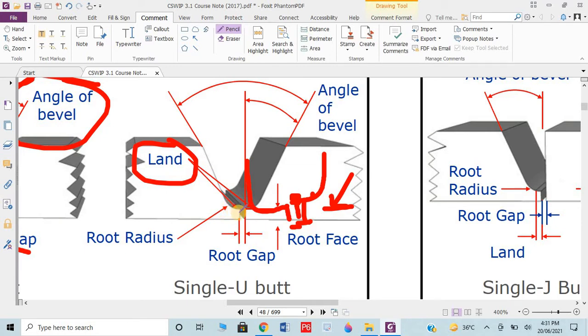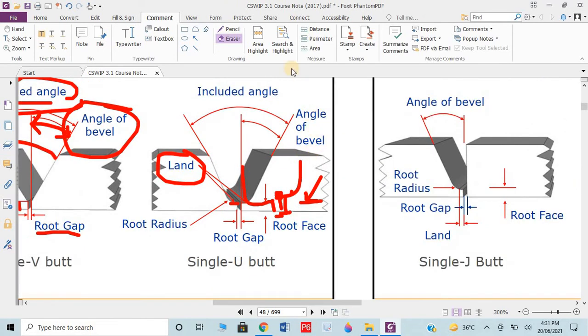Before that point, till the corner of the root face, this horizontal place is known as the land, meaning a straight line. Where the curvature starts is known as the root radius. Simple. The curve of the root gap is known as the root radius.